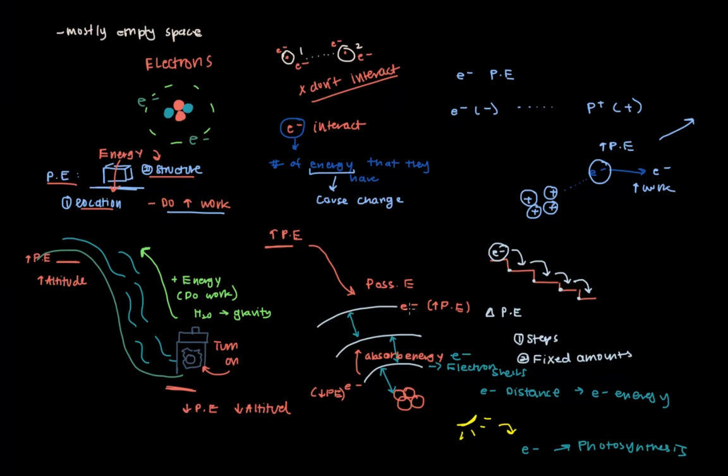And if you want to do the other way, then it would have to release energy. So electrons closer to the nucleus basically have lower potential energy, farther have more potential energy, something you should remember.